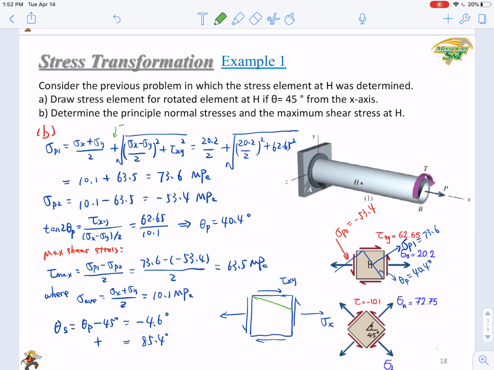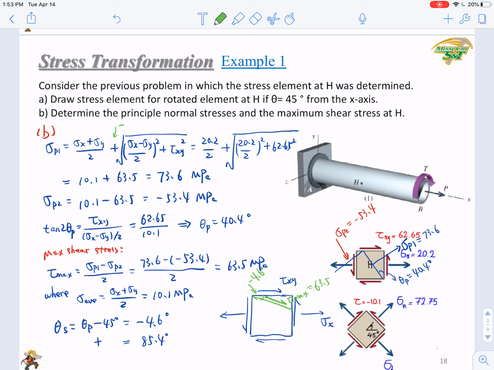At this plane, you will find tau max equals 63.5.